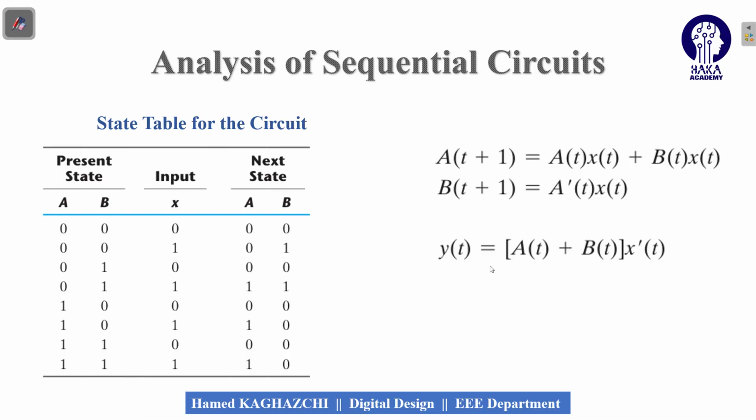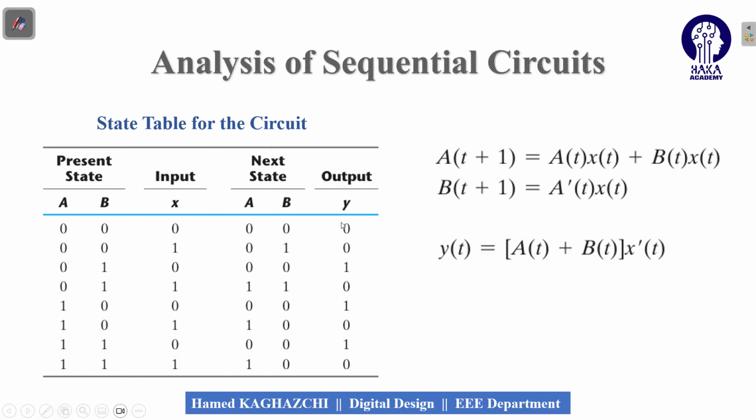Now, the last column of the state table is the output. If you remember, in the previous slides, we said that in the state table we have 4 different columns: present state, input, next state, and output. Now, for finding the output, using this equation, we have A(t) or B(t) and X prime of t.